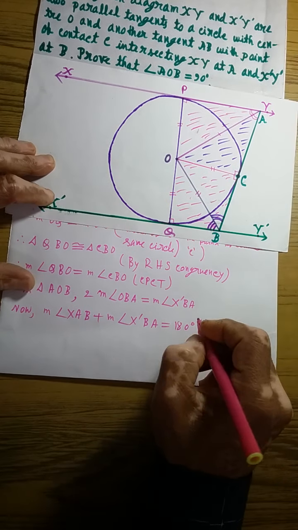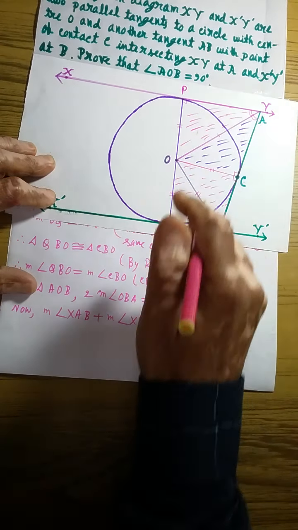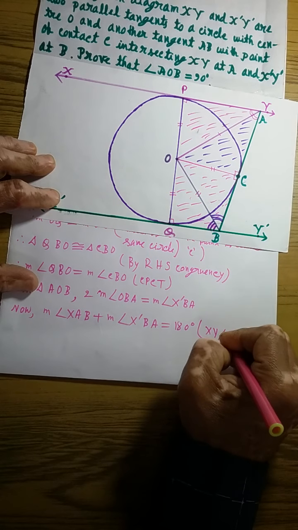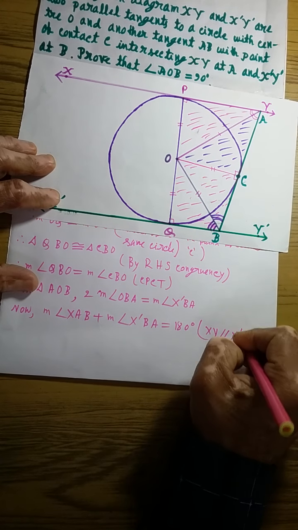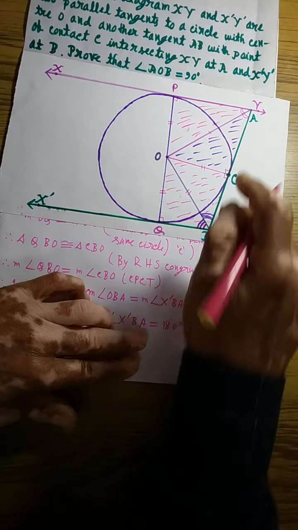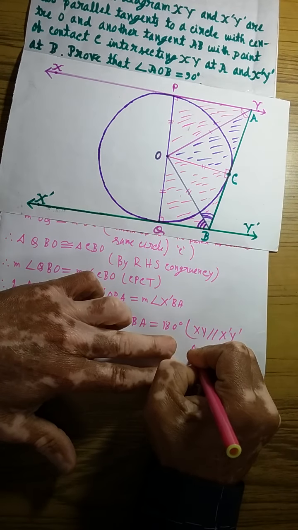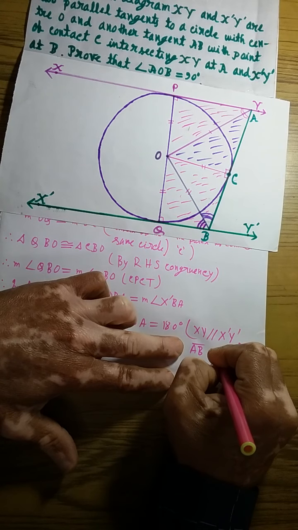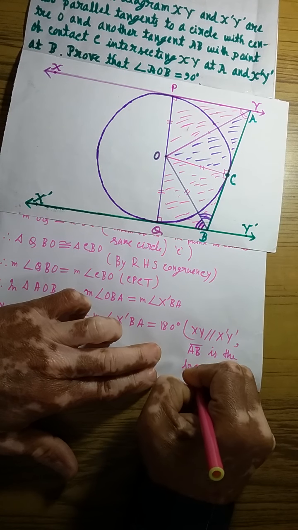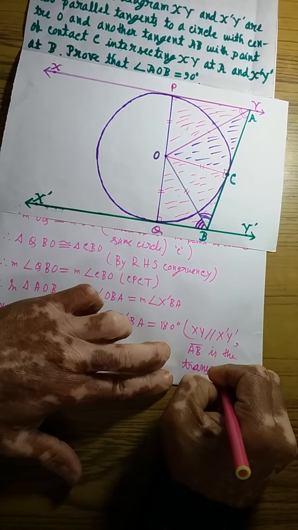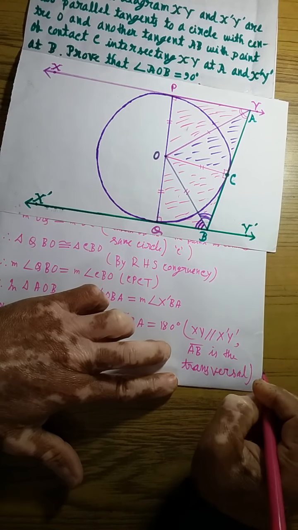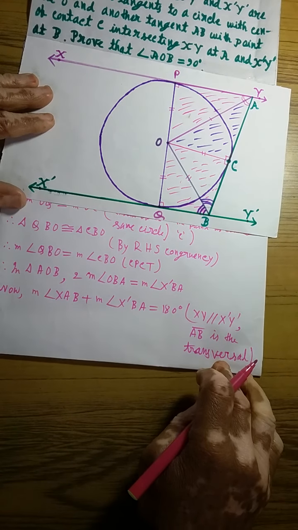Write within bracket: XY is parallel to X dash Y dash, as AB is the transversal.